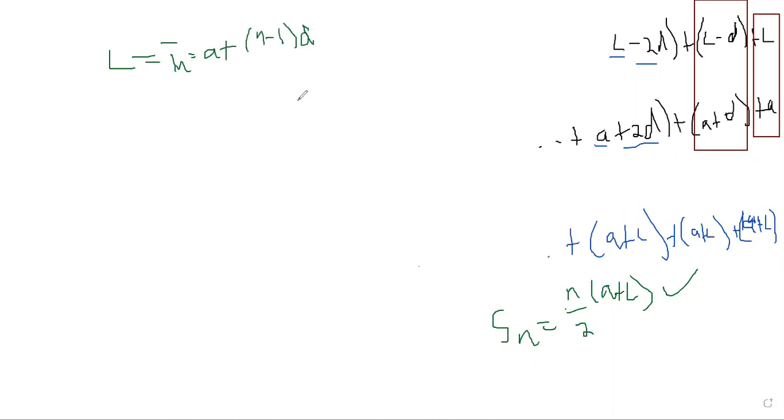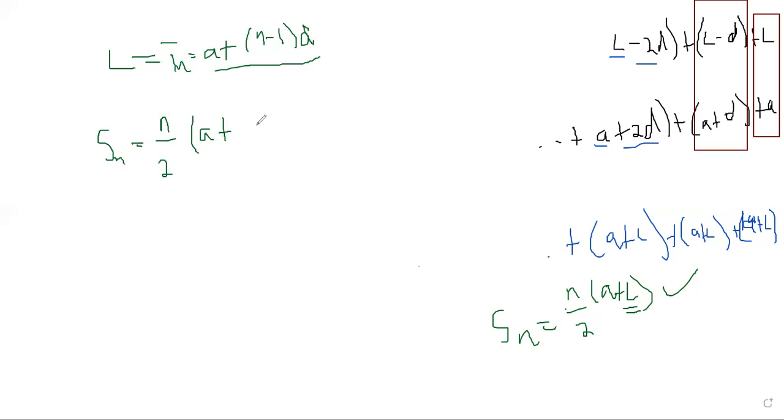So what do you do from there? You substitute into this l, right? So it will be Sn is equal to n over 2, and then this will be a plus, you substitute everything here.